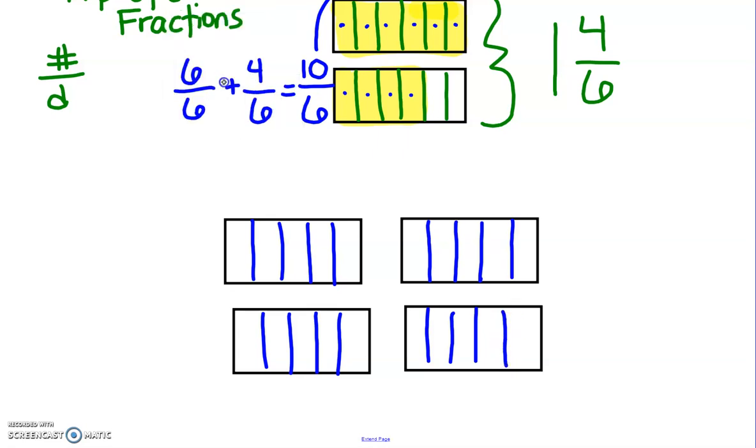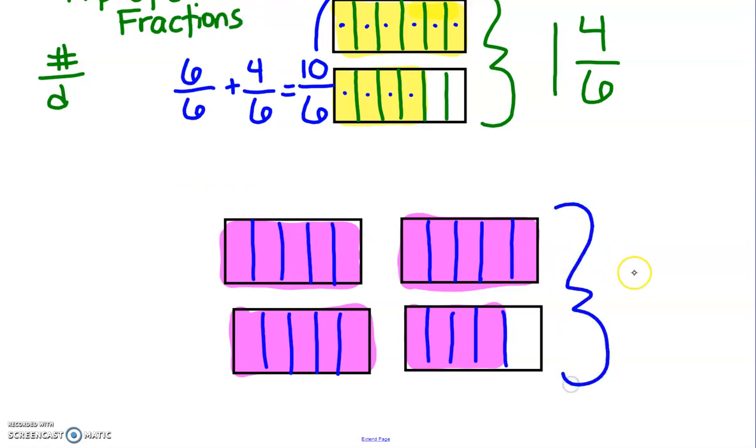So I'm going to pull out the highlighter to show you that I ate 1 full candy bar, and then a second full candy bar. Let's hope these are fun size. And then a third candy bar. And then on this one, I only ate 4 of those fifths. I just couldn't stomach the last piece. So then what that also tells me is that this could be labeled as 3 full candy bars and then 4/5 of that last one.